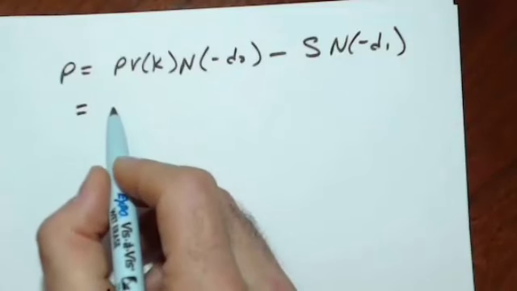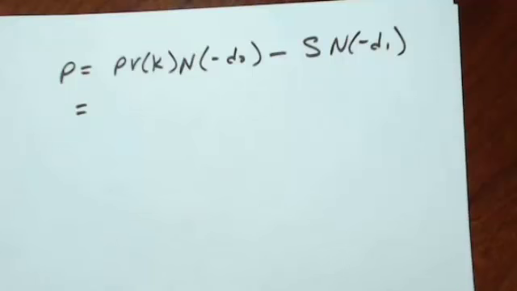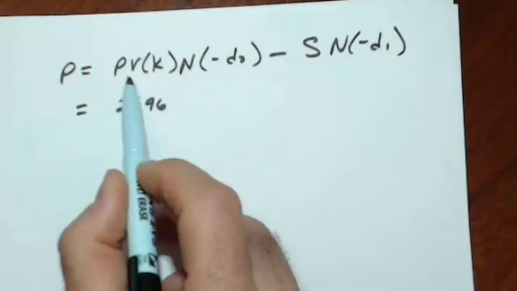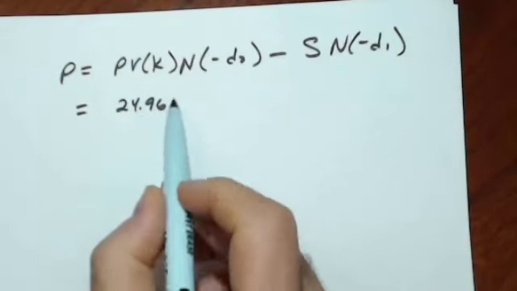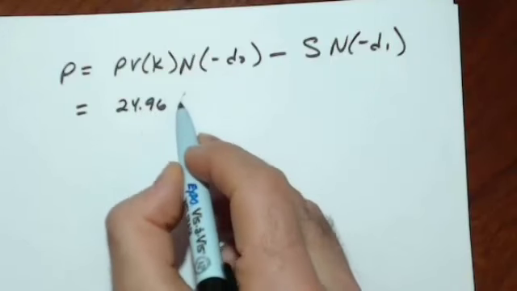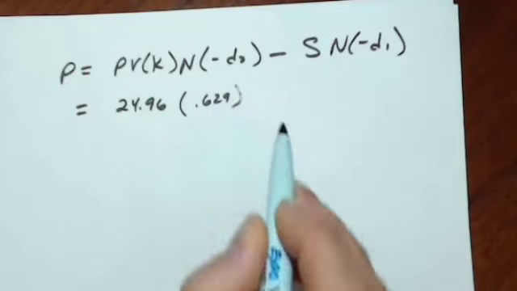So the present value here is $24.96. The present value of $25 discounted at 3% for 12 days. $24.96. ND of 2 with a minus sign in front of it is 0.629.